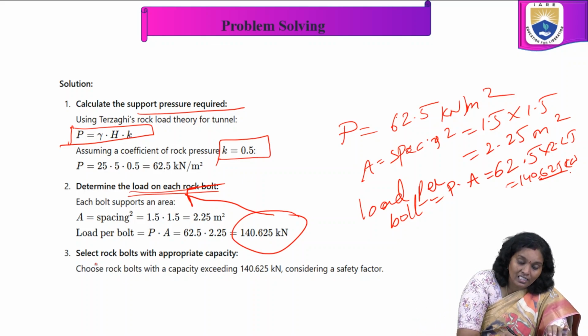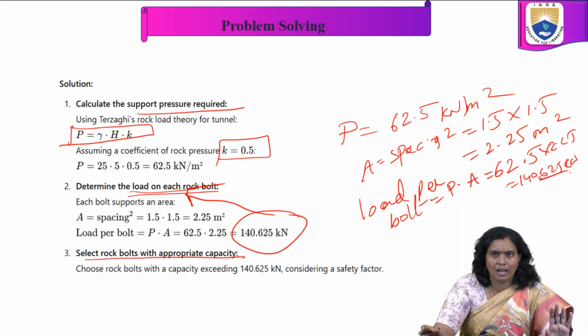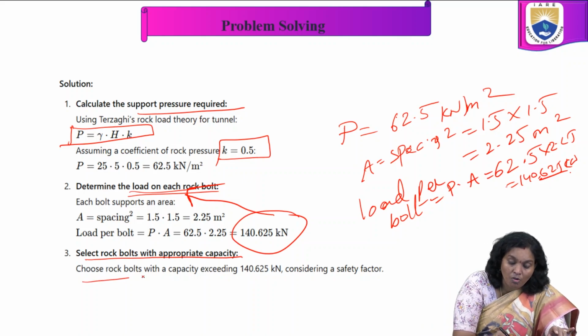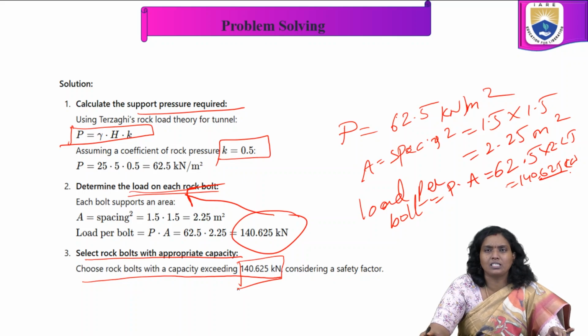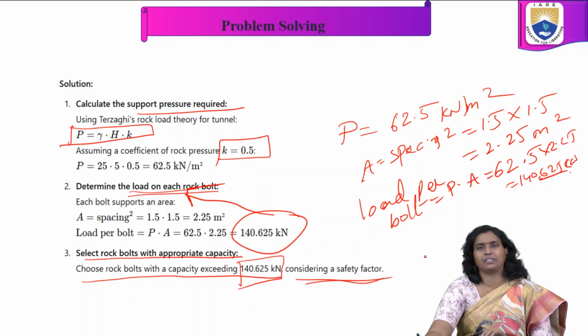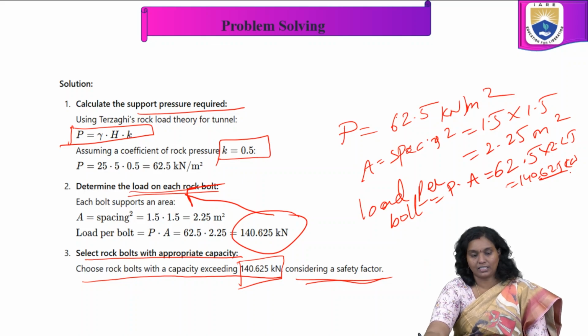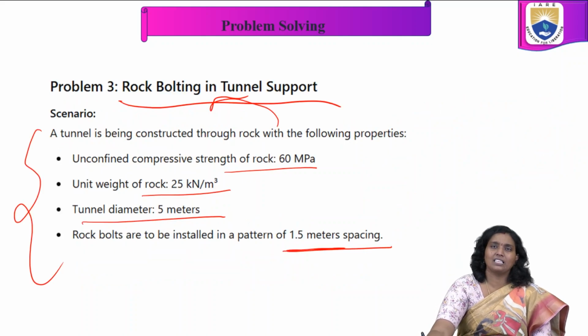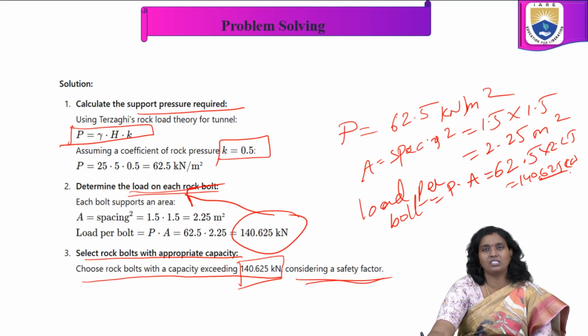Now select rock bolts with appropriate capacity. Choose rock bolts with a capacity exceeding 140.625 kilonewton, considering a factor of safety. Like this, we are understanding the rock bolting in tunnel support scenario.